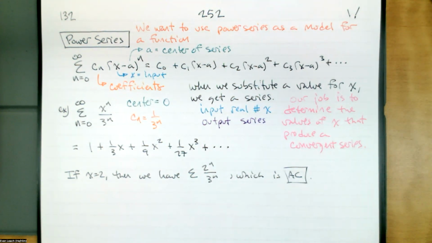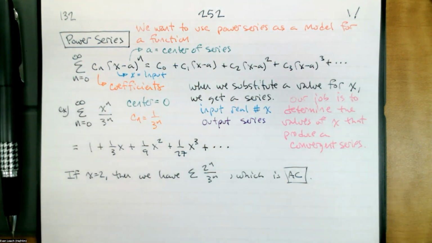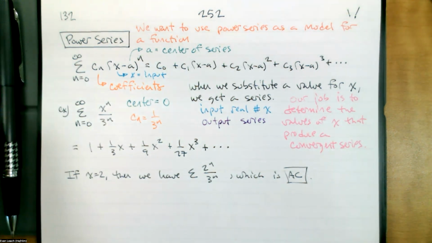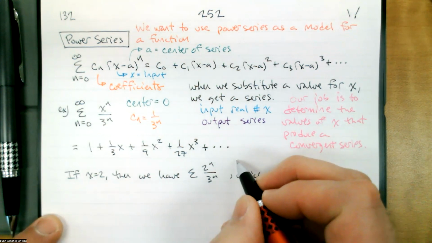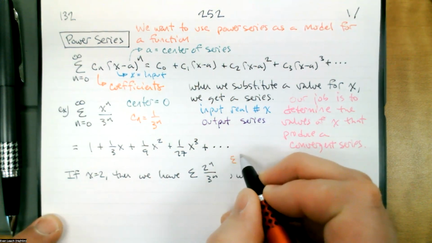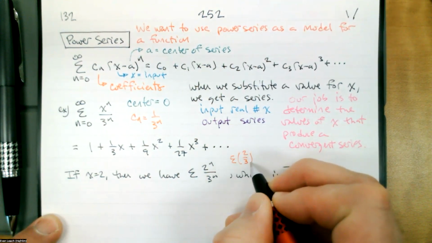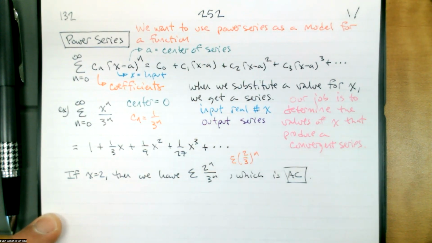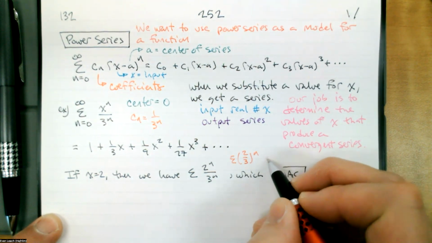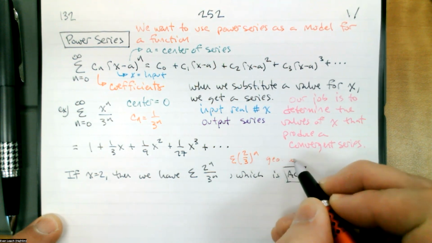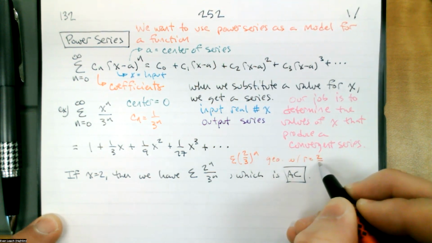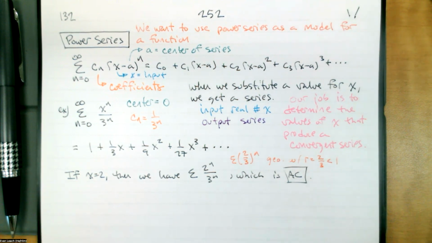So when we plug in a 2, we get 2 to the n over 3 to the n. That's 2/3 to the n, which is geometric with a common ratio of 2/3. And 2/3 is less than 1.